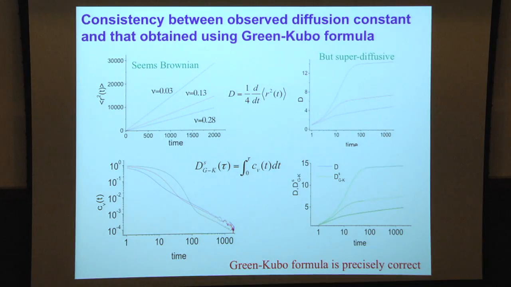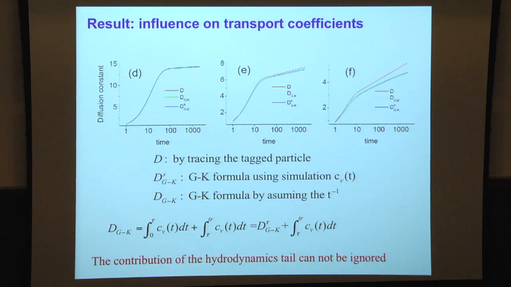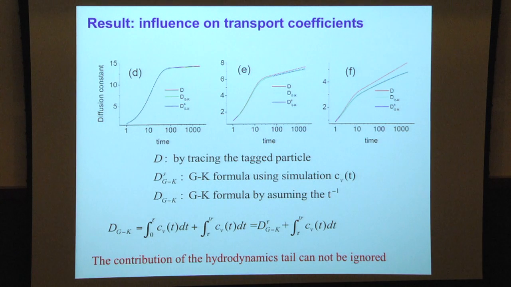If I cut the integral here and compare the contributions of these two parts, then the tail will contribute 20%, and with the increase of density, the contribution will become larger and larger.